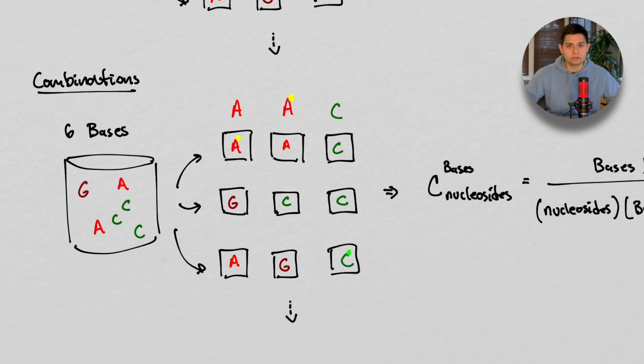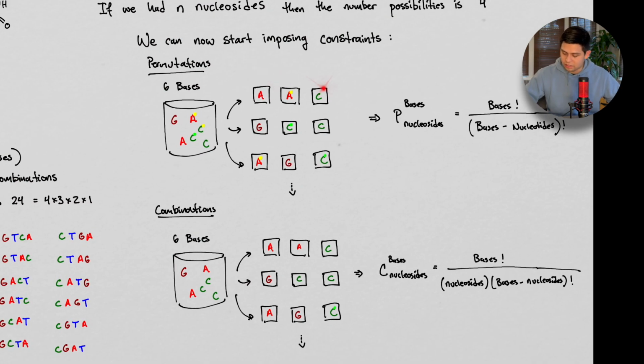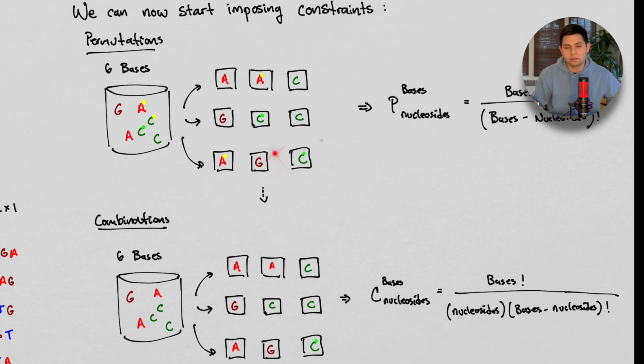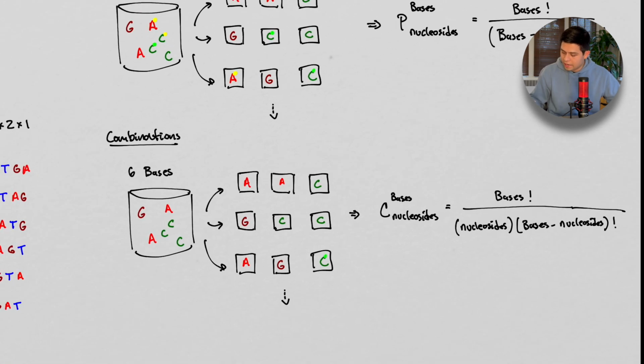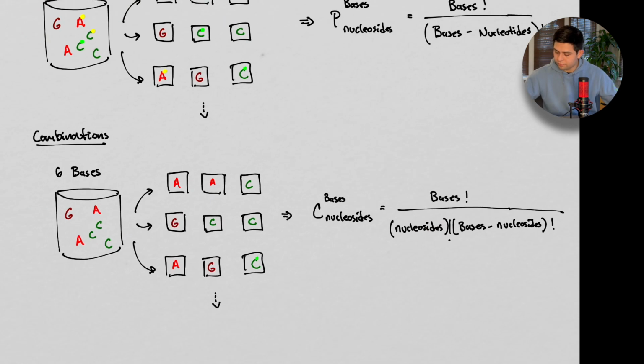Those 2 outcomes are the same because we don't have them radio labeled, right? And so this number is actually going to have to be smaller than the number we get in this case, because we're going to have to deal with that redundancy. So this here is 2 states in this case, okay? And so we have to divide by the number of nucleosides, and there's a factorial right there.